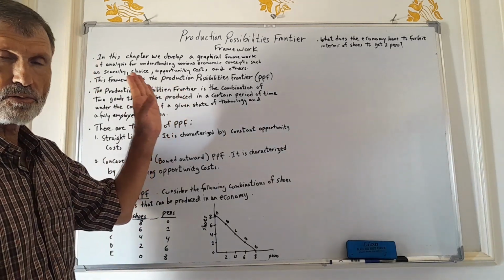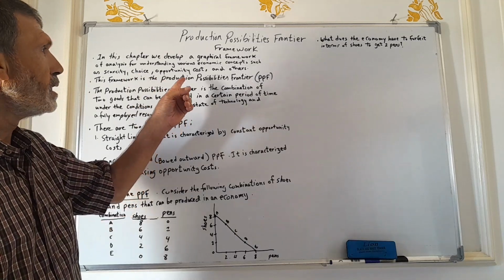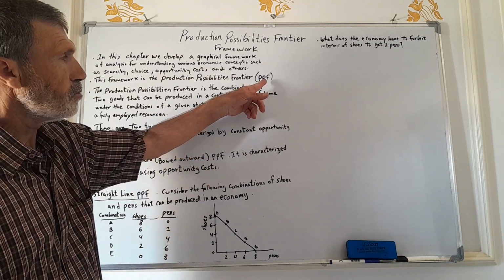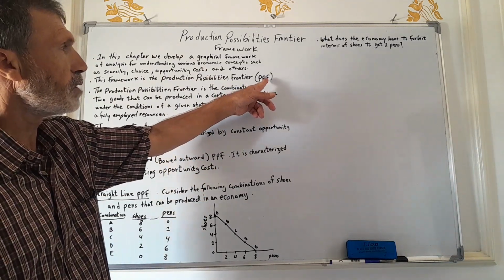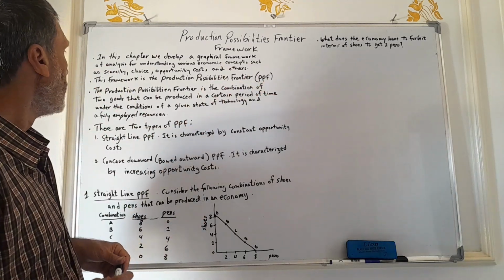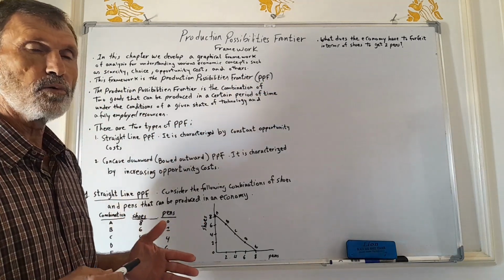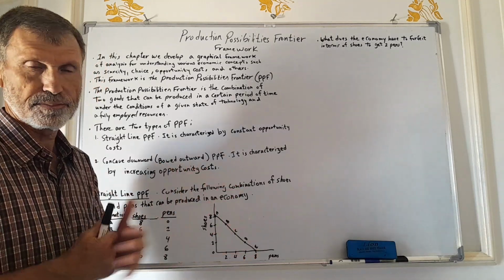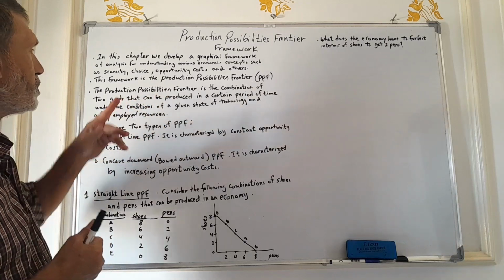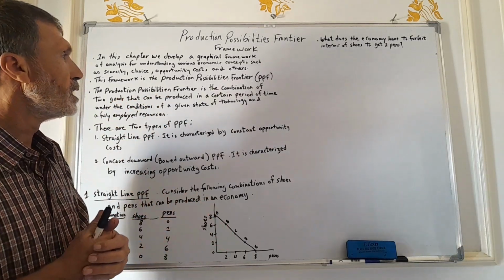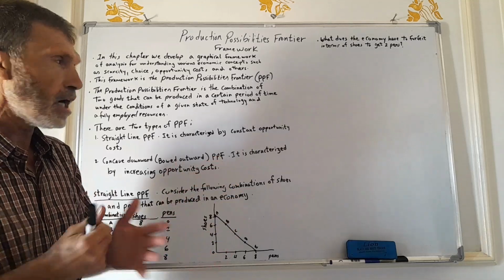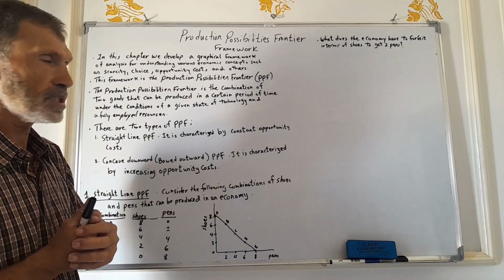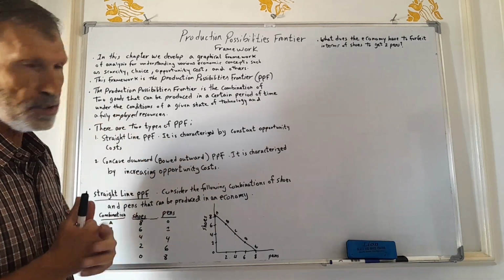So this framework that we're going to develop here is called the Production Possibilities Frontier, which we're going to refer to by PPF. Now, what do we mean when we say Production Possibility Frontier? It is the combination of two goods that can be produced, of course, in a certain period of time under the conditions of a given state of technology and fully employed resources.